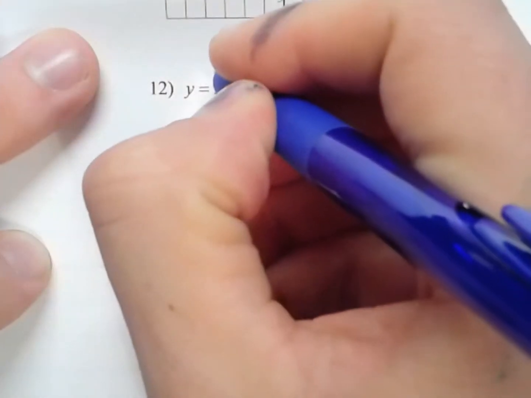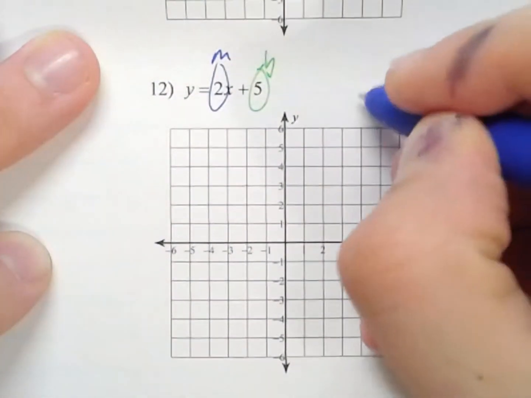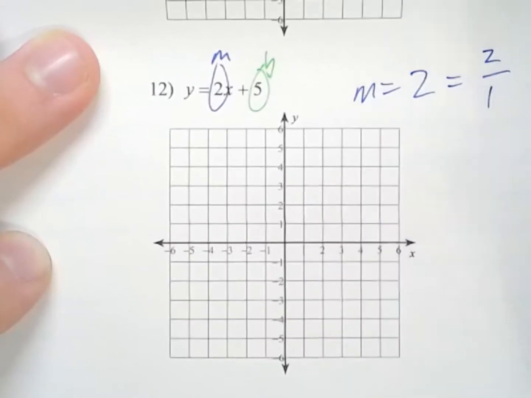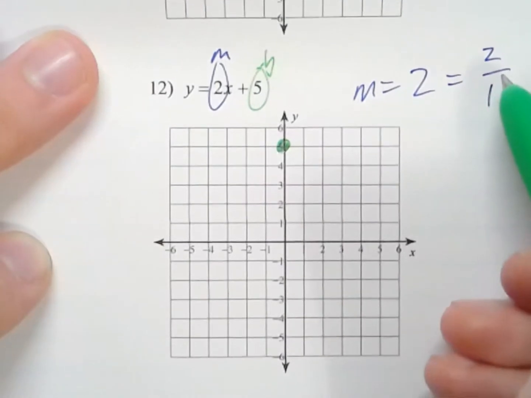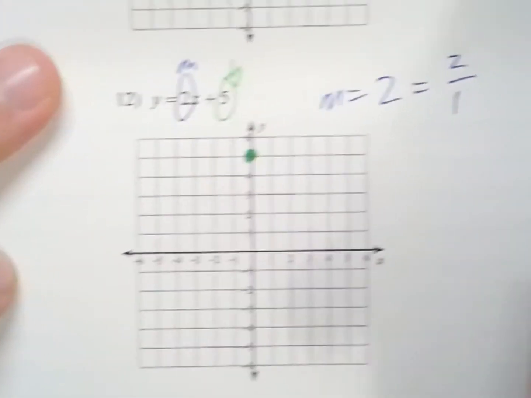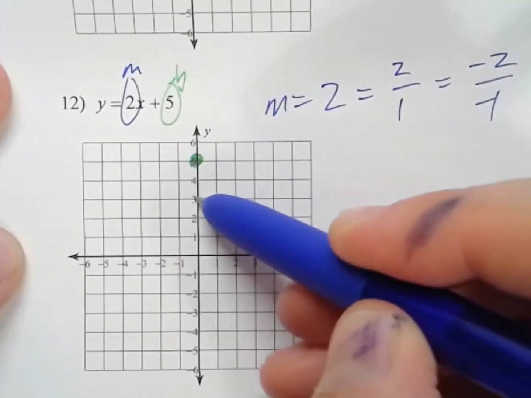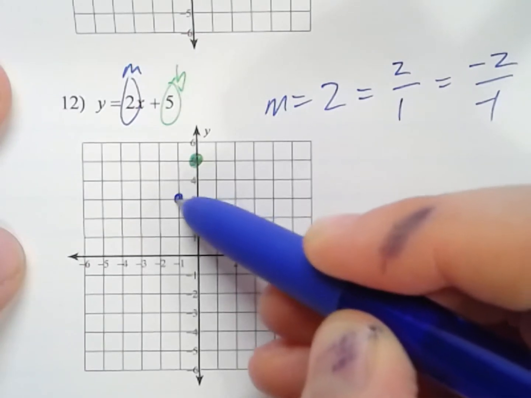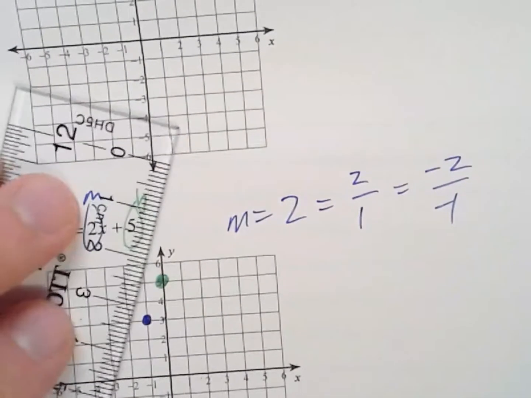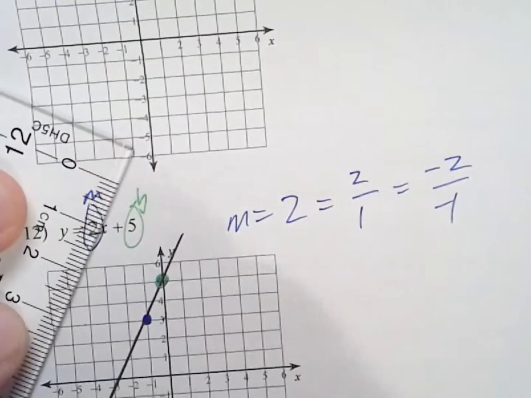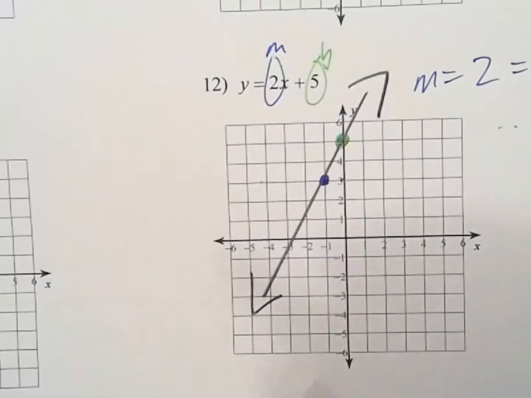Well, again, the m is 2 and the b is plus 5, and of course with an m of 2, that's saying 2 over 1, so there's our rise over run, so our b is 5, and our rise of 2 is going to put us off the graph, so we just have to again think about this as a minus 2 over a minus 1, and so in that case we're going to go down 2 and to the left 1, and so there's our negative point there. Notice, but even though we're going all negatives, it still gives us a positive slope, right? Because negative divided by negative is positive, so we expect it to be a positive slope. So there's that.